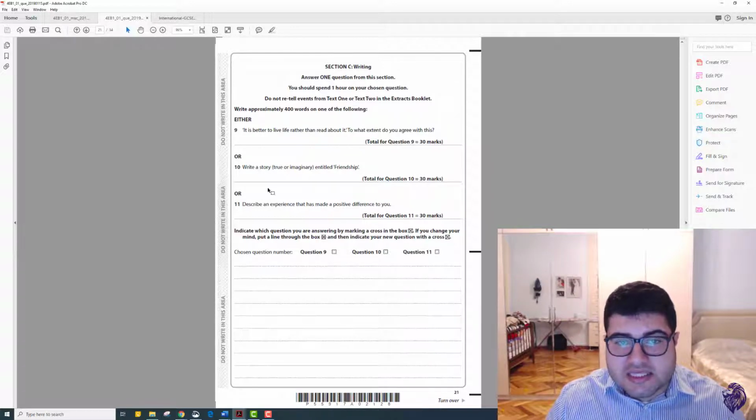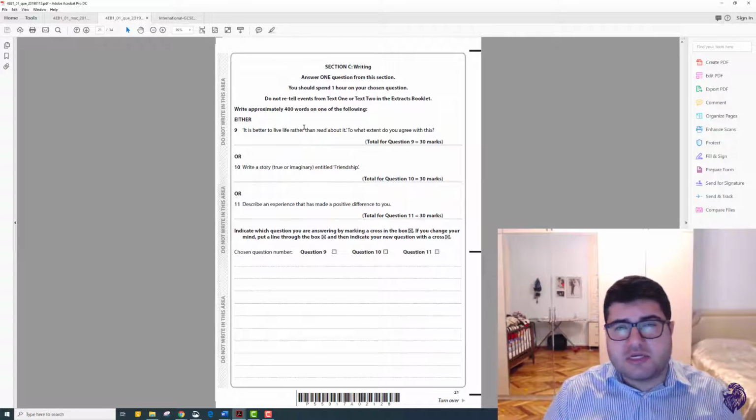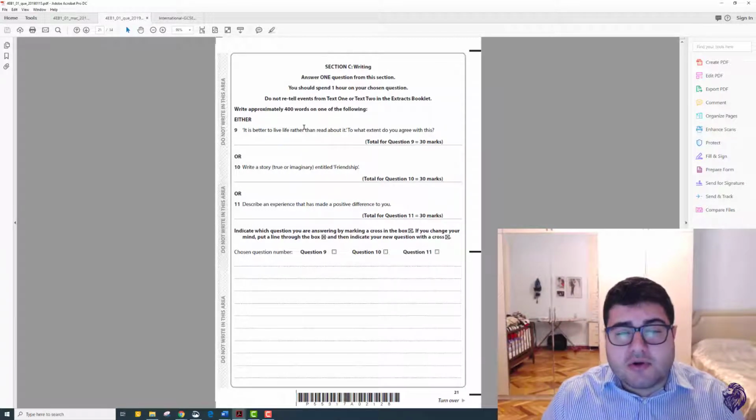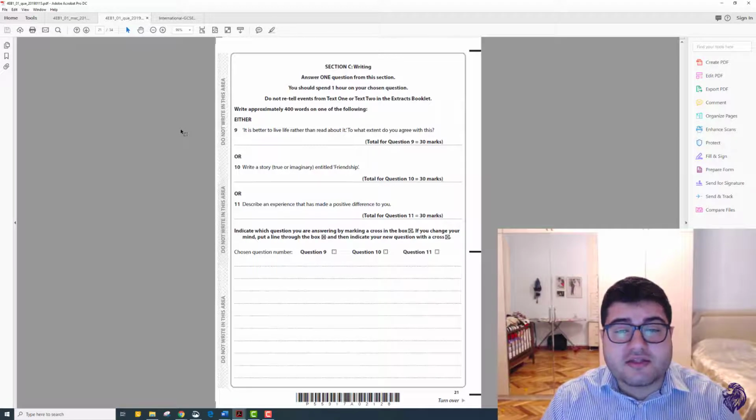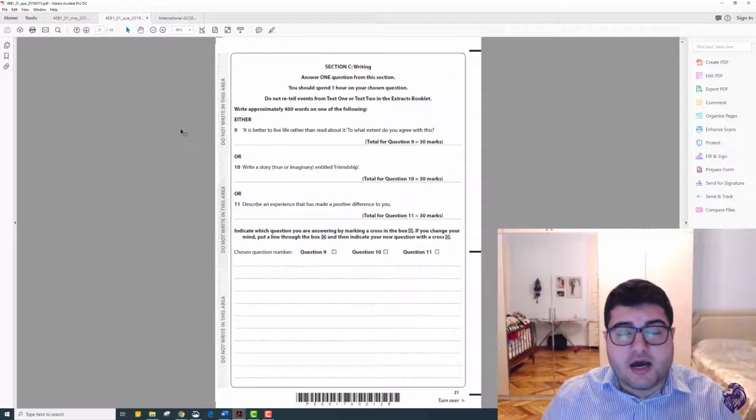So in this past paper, which is an actual past paper that was done in 2019, you have three options. So question number 9 asks you, it's better to live a life rather than to read about it. To what extent do you agree with this? Question number 10, write a story, true or imaginary, entitled Friendship.